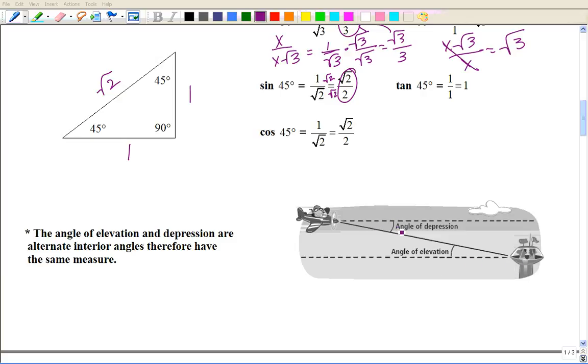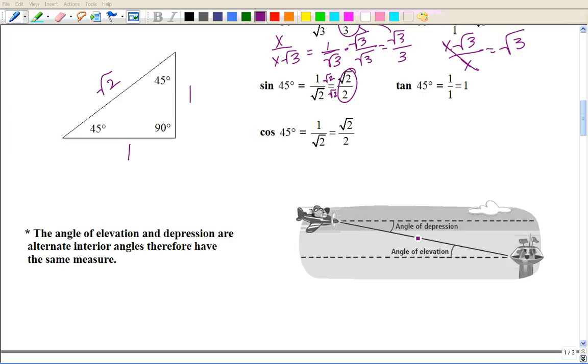From the tower looking up to the plane, that would be an angle of elevation. But since those dashed lines are parallel, the diagonal we've created will have alternate interior angles, which means they have the same measure. You'll have a couple of those in your homework problems as well.